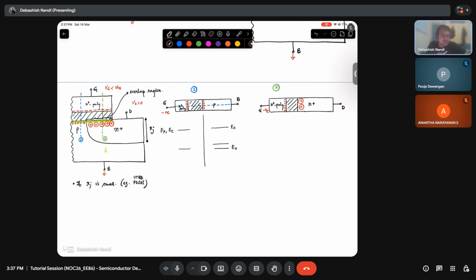When there is no transport, as is the case here because there is an insulator in between, this entire thing will move up.